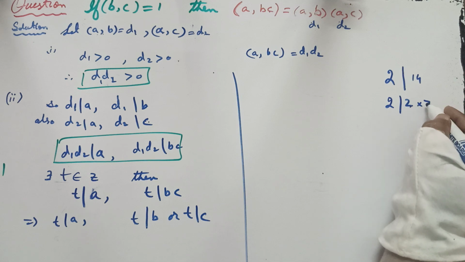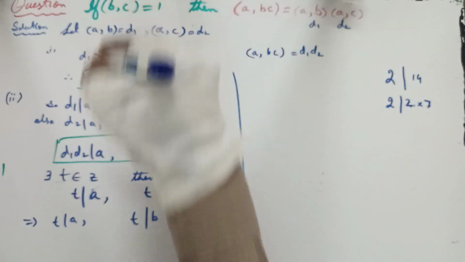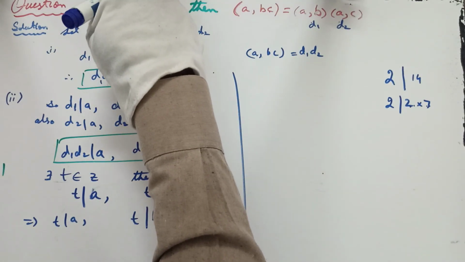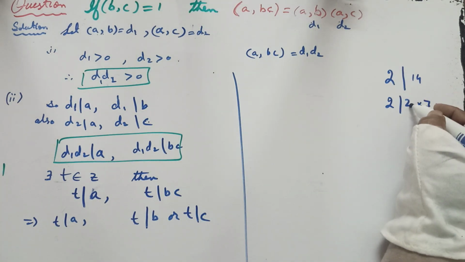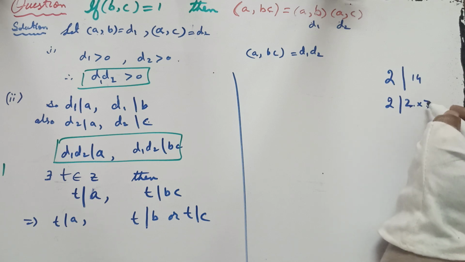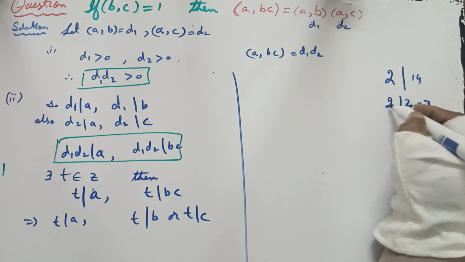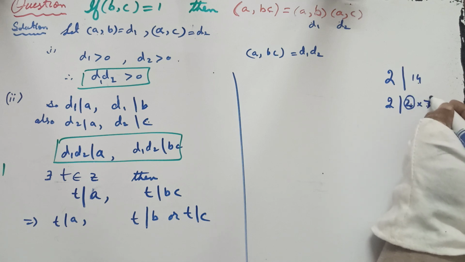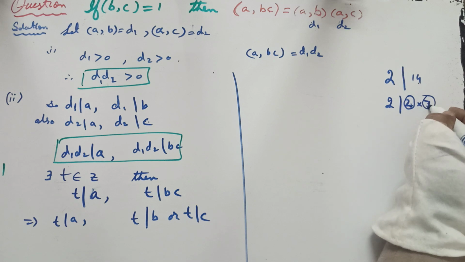B and C are relatively prime, they have no common divisor greater than 1. So if I take two relatively prime numbers, then any number that divides their product must divide only one number, not both of these numbers, because they are relatively prime.